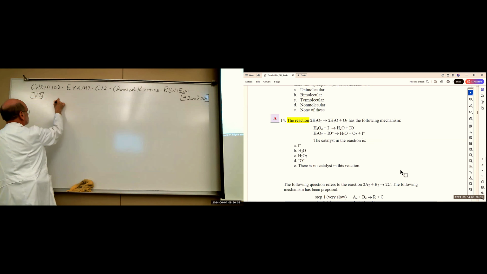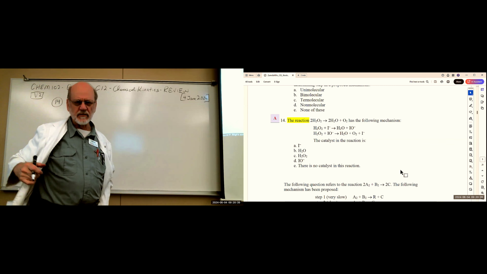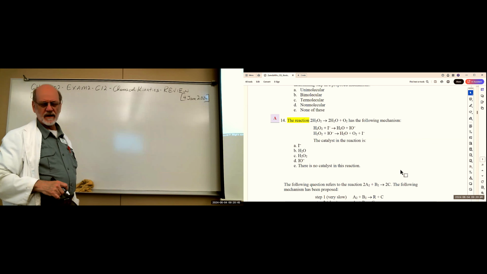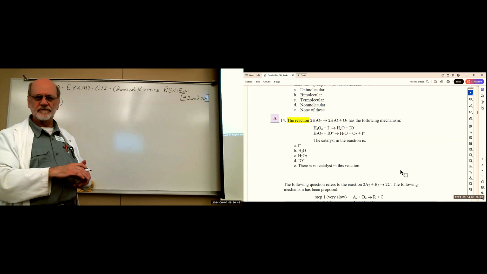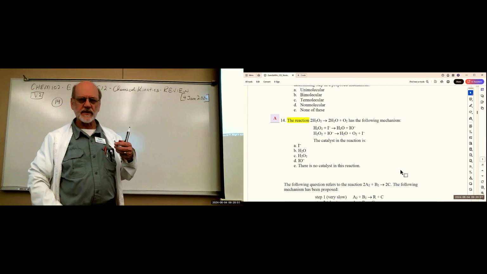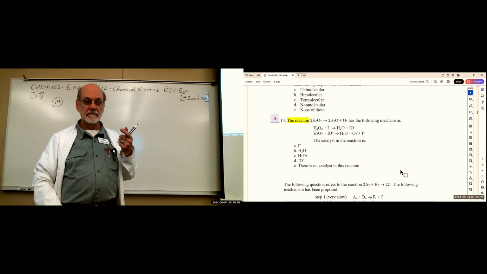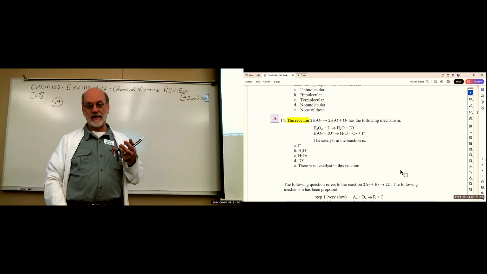14. Let's see, we're going to decompose some hydrogen peroxide. And it has the mechanism. Instead of writing the mechanism up here, let's just look at it on the board. Okay, we got these two steps. The first step takes one of those hydrogen peroxide molecules and reacts it with iodide ion.